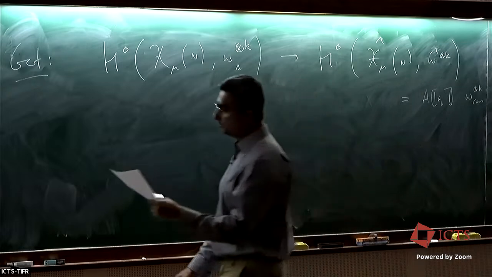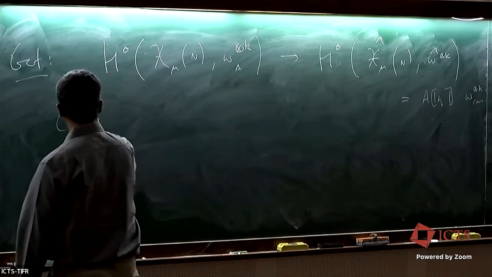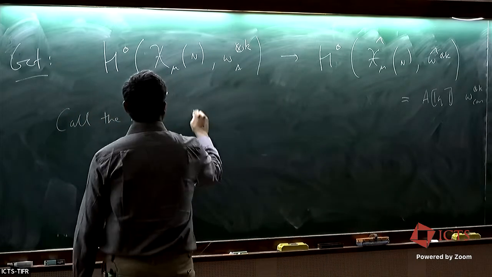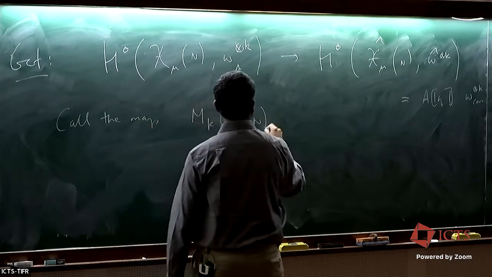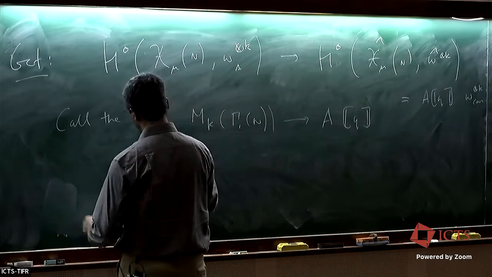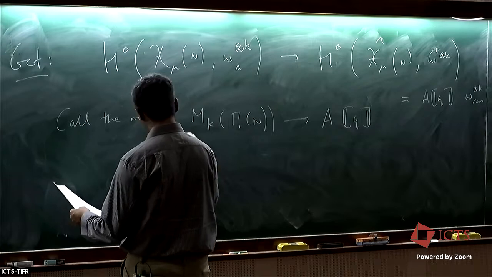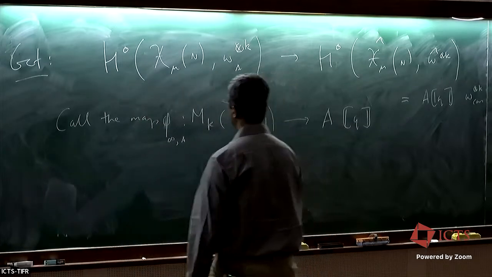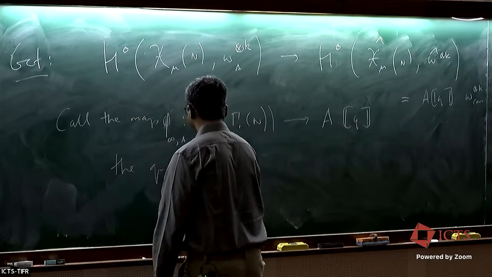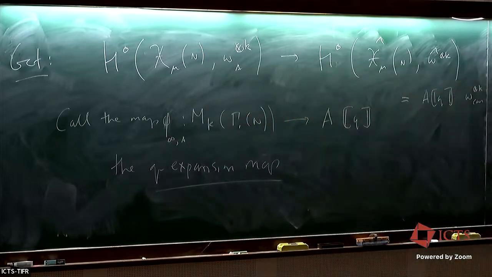So let's give this map a name. If you drop the omega canonical tensor q, you just get a map, the expansion map, phi infinity A. Basically what you're doing is looking at some differential form and restricting to some formal neighborhood at infinity.